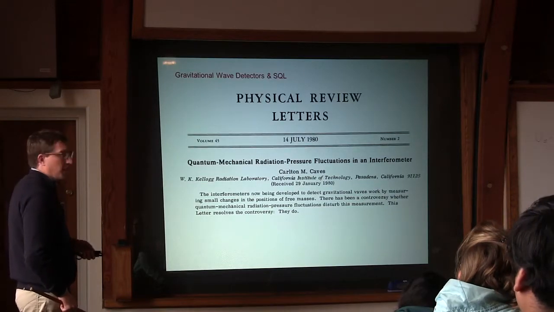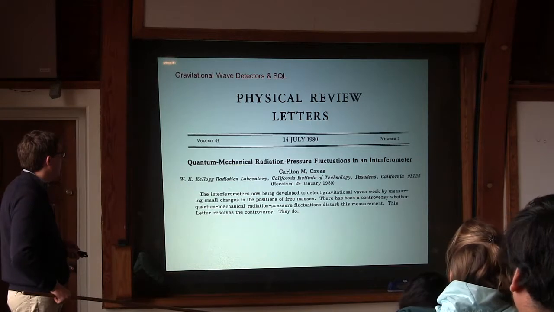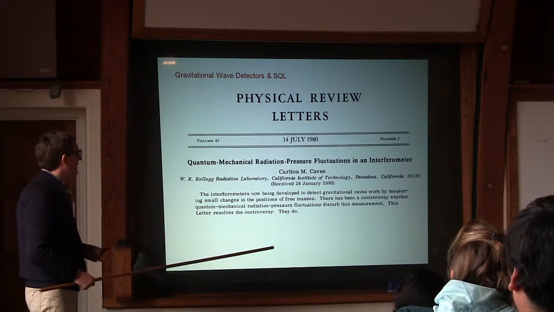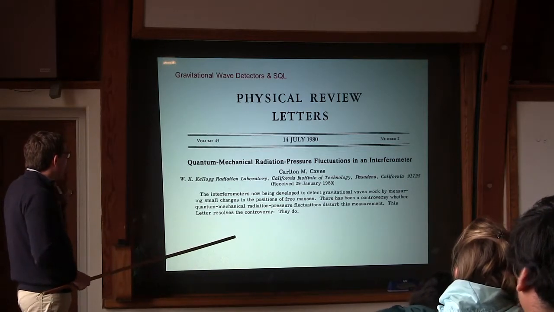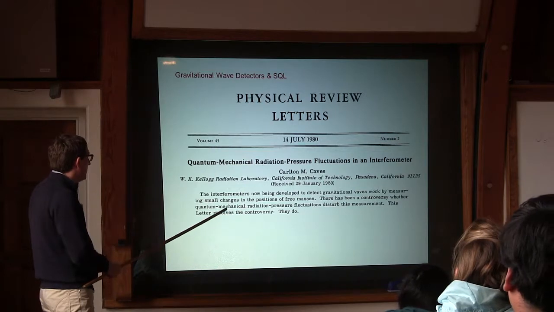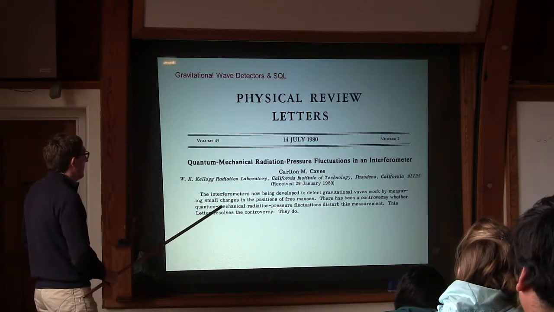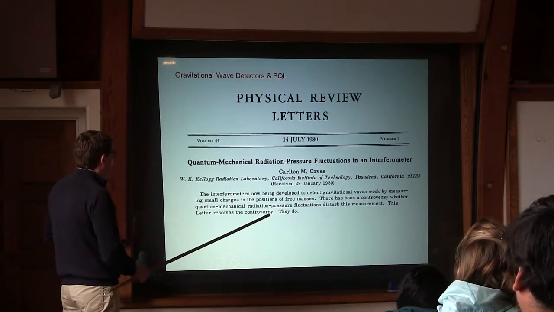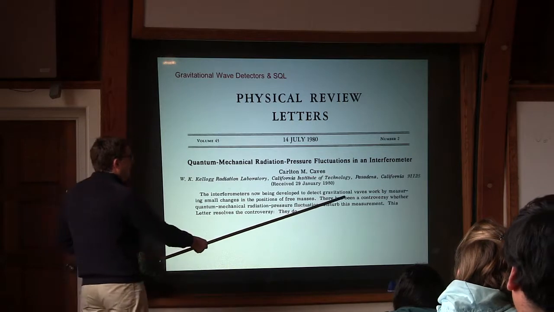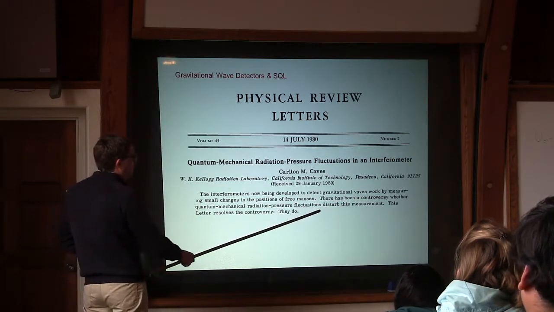All right, so I think you mentioned that abstract yesterday, yeah. I show that abstract because this is the way you should write an abstract. Caves treats the question whether interferometers being developed now for gravitational wave detection are limited by radiation pressure fluctuations or not. So he says there has been a controversy whether quantum mechanical radiation pressure fluctuations disturb this measurement.